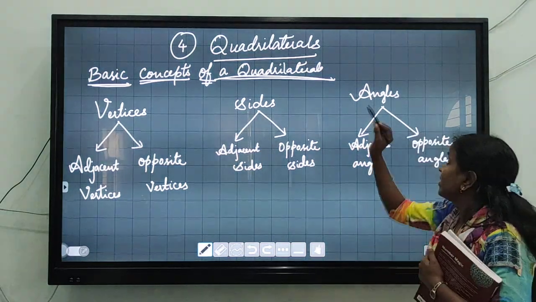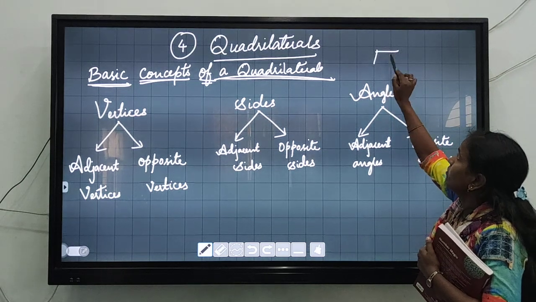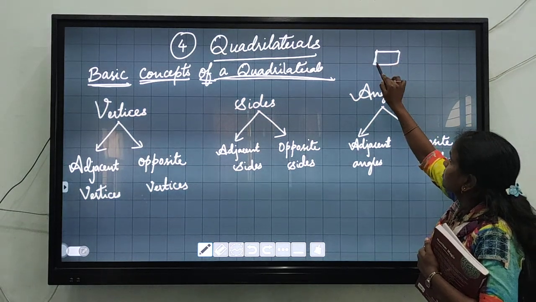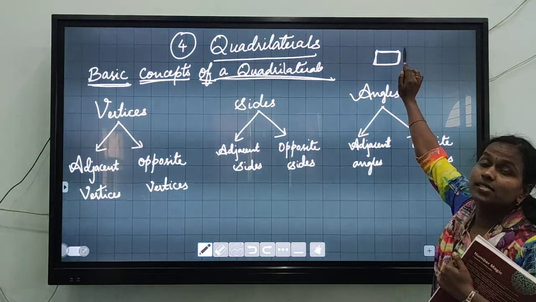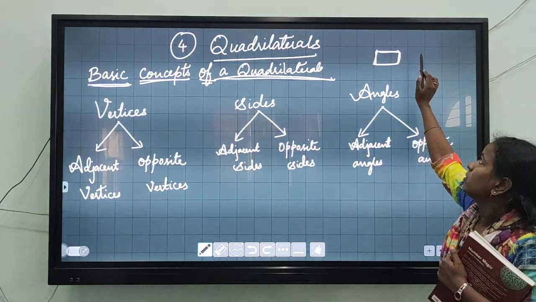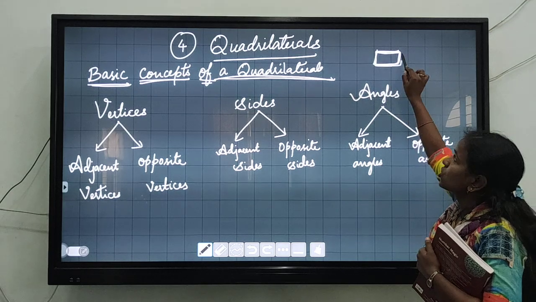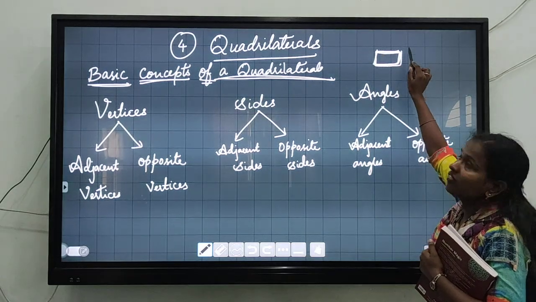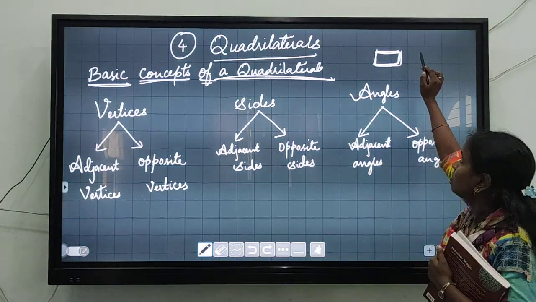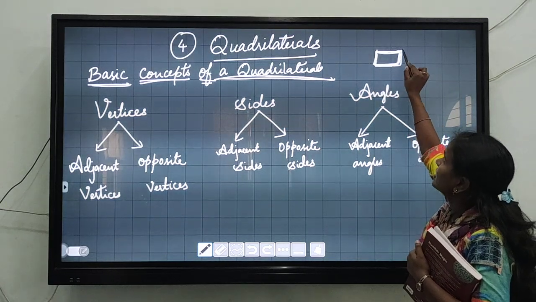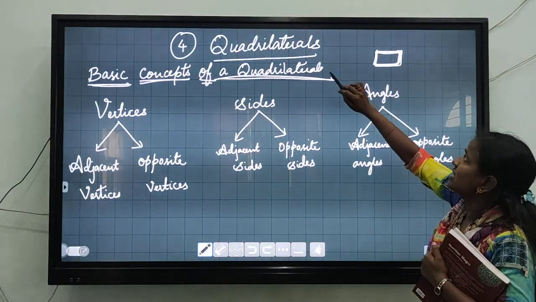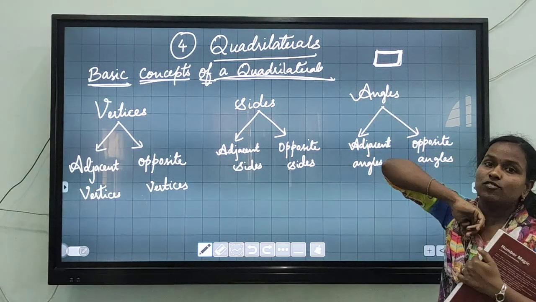For example, I draw one figure here. A rectangle. Is this a quadrilateral? Yes, this is a quadrilateral, because this figure is closed and it is made up of line segments. So we can say this is a quadrilateral. It has 4 sides.